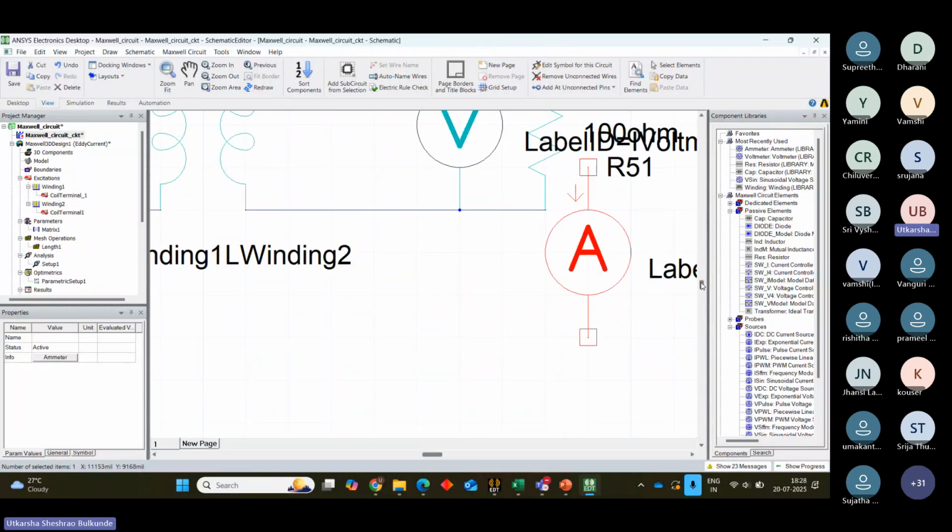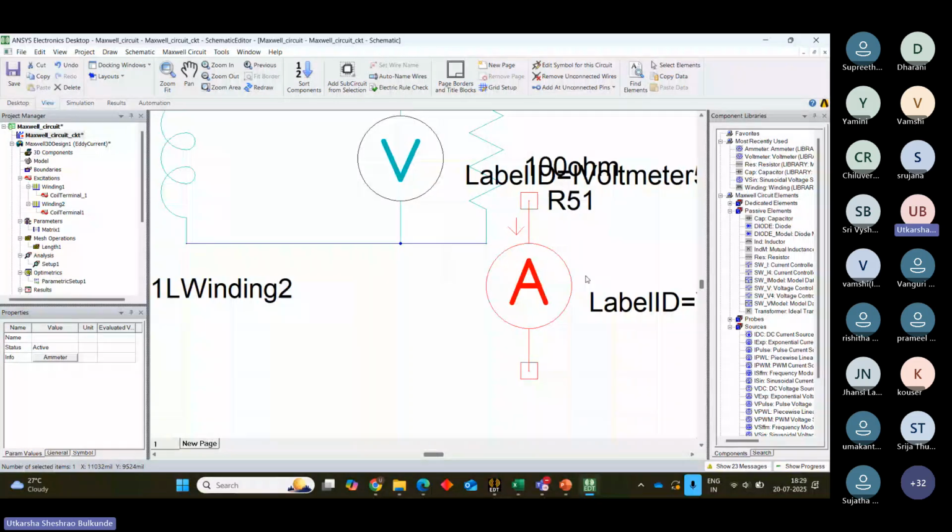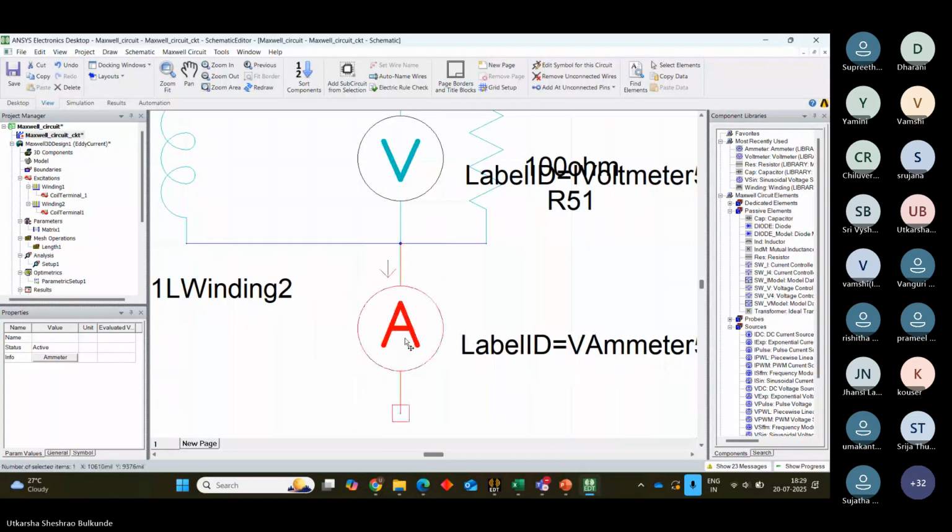Voltmeter is always connected in parallel and ammeter is connected in series, right? This direction tells you the direction of the current, so you have to place it accordingly such that current will flow from this side.